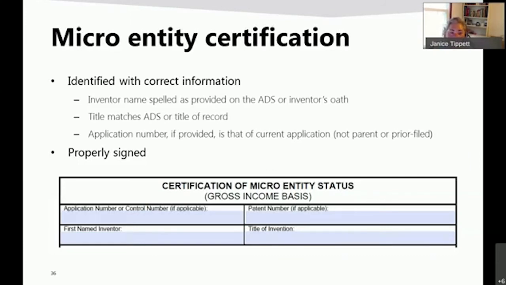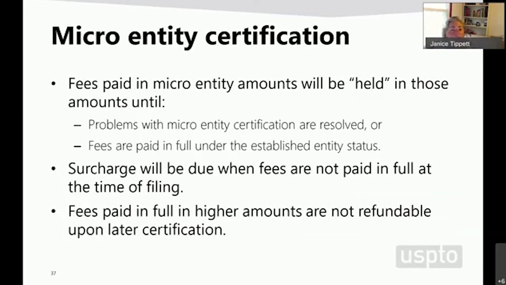It can't have a different title listed, that kind of thing, or we would need to reject that certification. And it also must be properly signed. Any fees paid in micro-entity amounts without a proper micro-entity certification, we'll just hold those until you either correct the certification or you pay the larger amount of fee, whichever is appropriate.